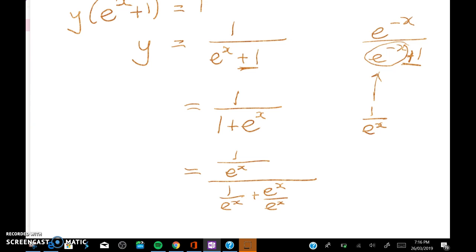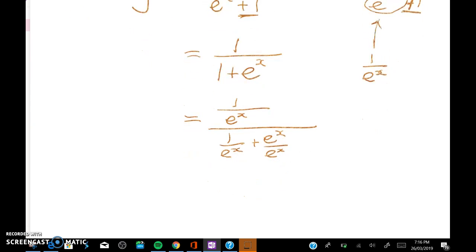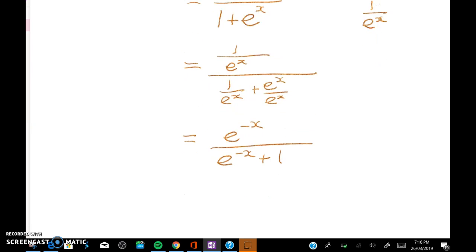Now, it happens to be a lot like what we did in class today when we did that trig proof of the tan compound angle formula. It's the same trick, just in a totally different context. So now we get e to the negative x over e to the negative x plus 1, as required. So there you go.